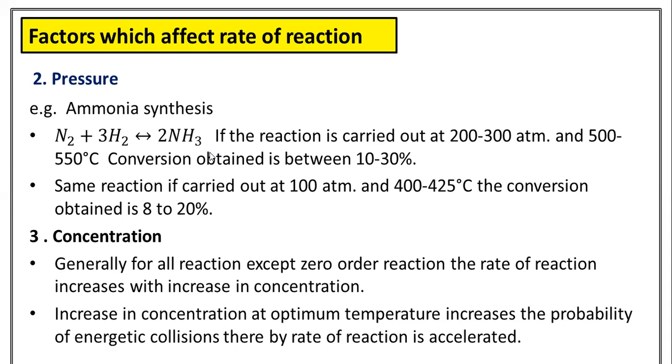But if the same reaction is carried out at a lower pressure, 100 atmosphere, and lower temperature, the conversion obtained is relatively less. So this clearly indicates that reactions are influenced by the value of the pressure which is maintained during the reaction.